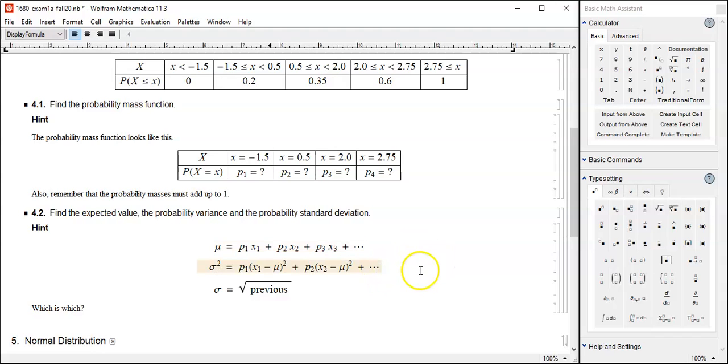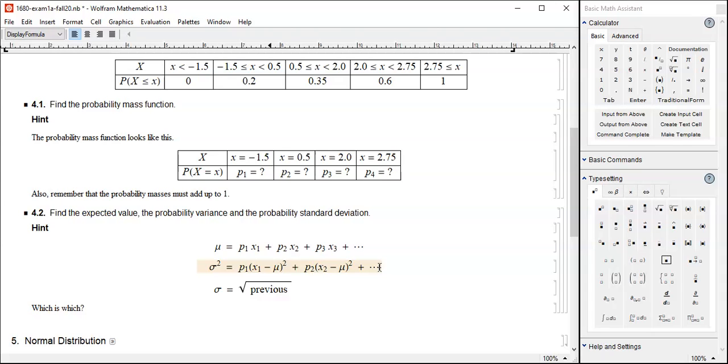Similarly for the variance. Probability P1 times the deviation squared: X1 value minus mu, the expected value, and then square it. So X1 is this value, minus the mu you just calculated, and then you have to square it. If you don't square, and you just calculate all these without the squares, then you're going to get just 0, because you're going to get pluses and minuses.